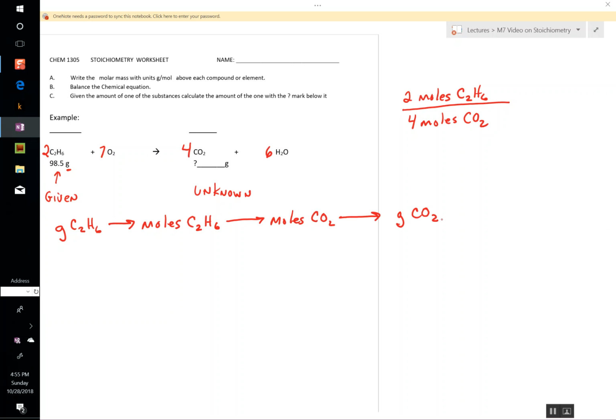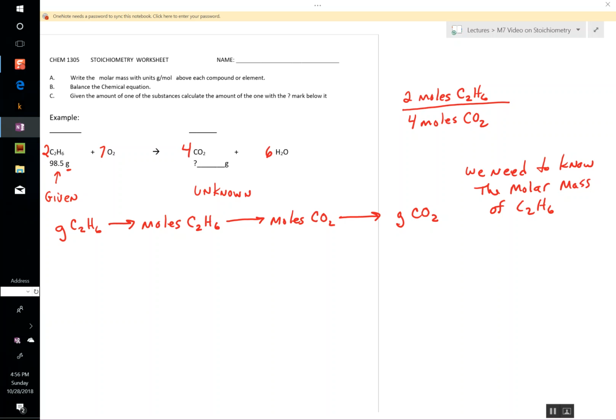Now, to convert grams of C2H6 to moles of C2H6, we need an important number, and that important number is the molar mass. We need to know the molar mass of C2H6, and we're also going to need to know the molar mass of CO2.